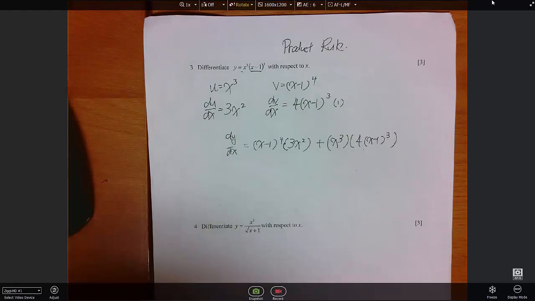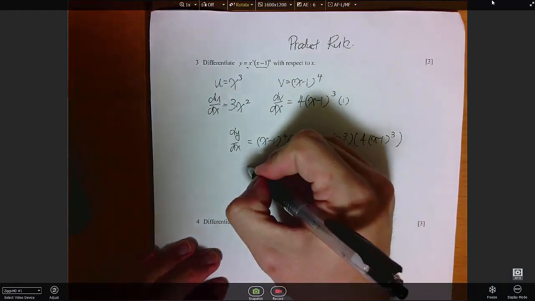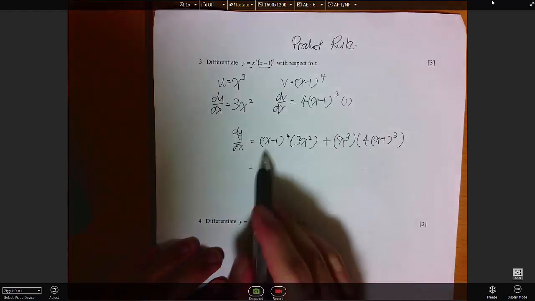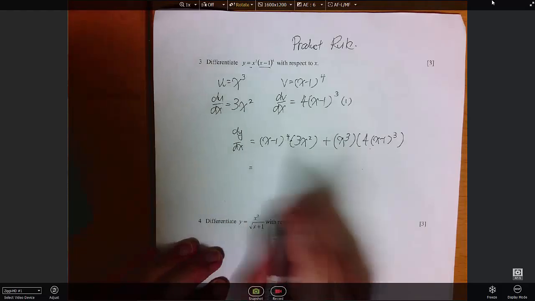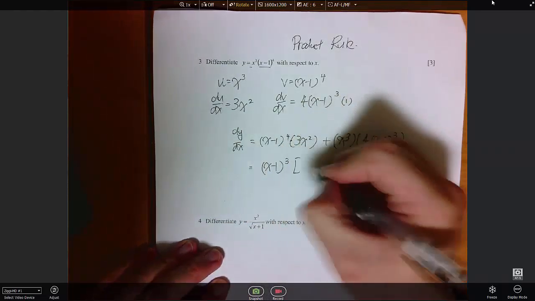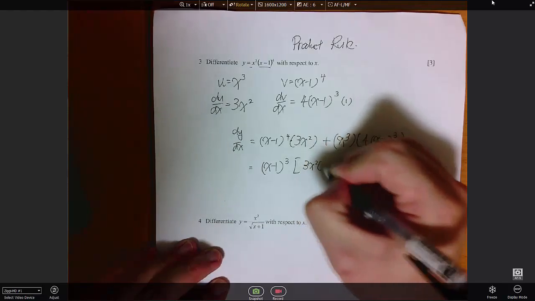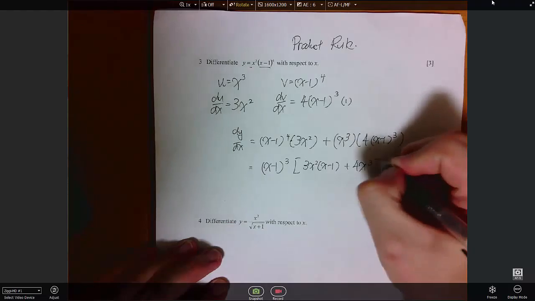Alright, now if you had simplified from here, okay, if you want, we can simplify just a bit more. You can actually factorize x minus 1 to the power of 3. So if I factorize x minus 1 to the power of 3, I'm left with 3x squared times x minus 1 plus 4x cubed.